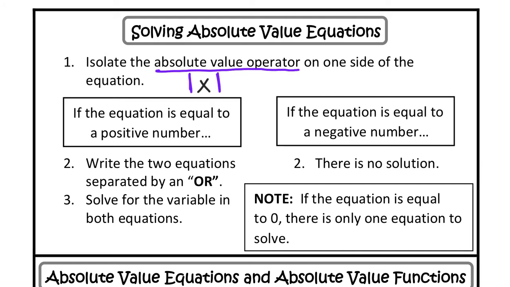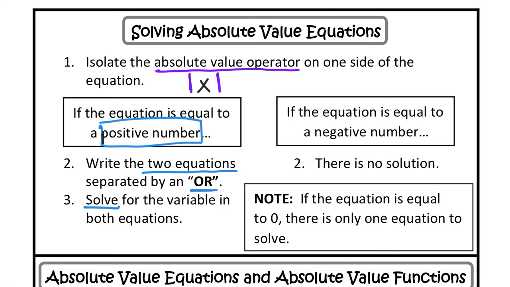So if I get a positive number, if the equation is equal to a positive number, then we're going to write two equations separated by an or. And then we're going to solve.